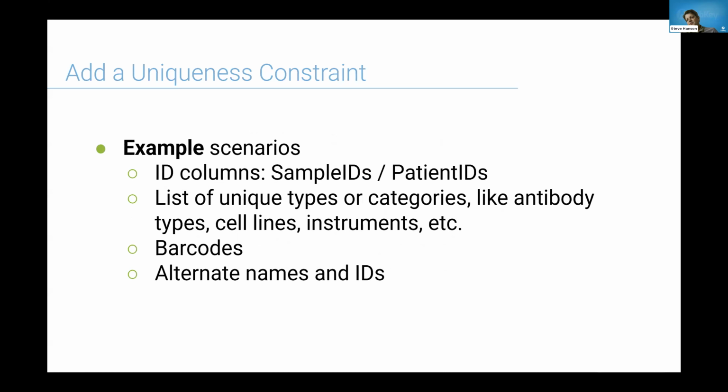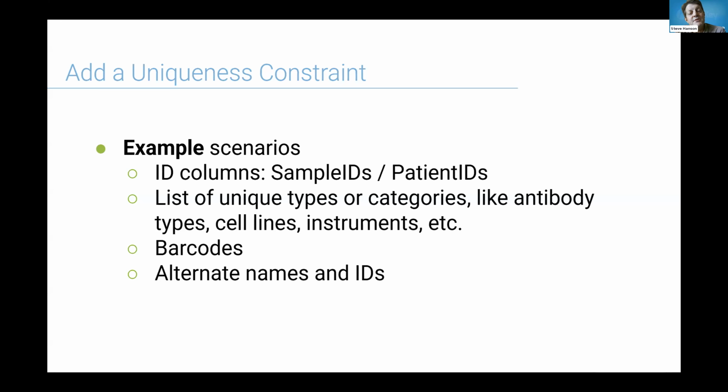So, some good example scenarios for using a uniqueness constraint. As I've said, ID columns, things like sample IDs and patient IDs, are often called for this kind of configuration. Also, when you have lists of unique types or categories, you might want to put a uniqueness constraint on them so you don't end up with two categories that are spelled ever so slightly different.